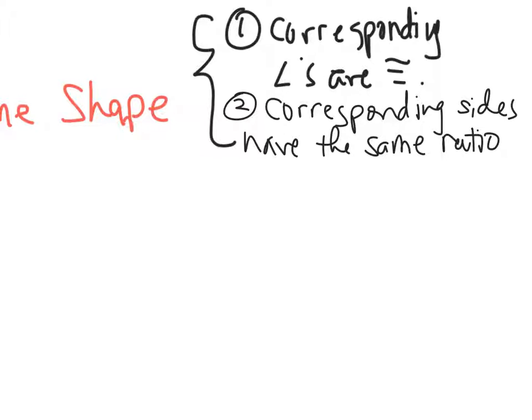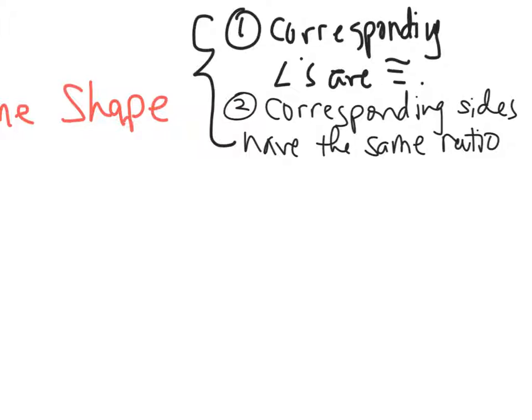So when I asked are all rectangles similar, that's not necessarily true. If the ratio of, say, the heights of the rectangles is 1 to 2, then the ratio of the bases has to be 1 to 2. If the ratio of the bases is different, then they're not similar. So the ratio of all the corresponding sides has to be the same.